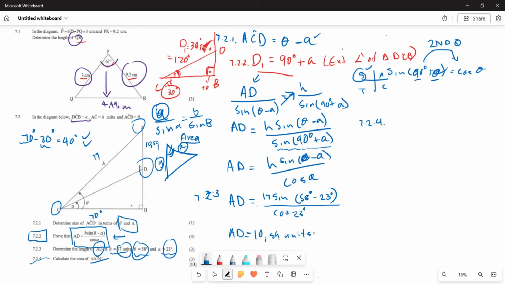Look, already we've calculated all the angles. Now your angle D1, it was given by theta subtract your alpha. And what is the theta? Remember your theta that you are given, it is 58. 58 subtract your 23, right? And now what is it that you are going to get?